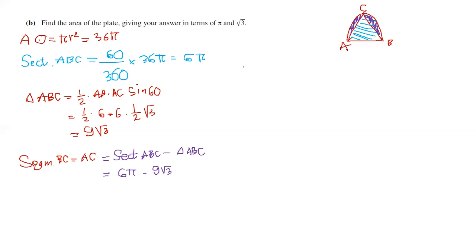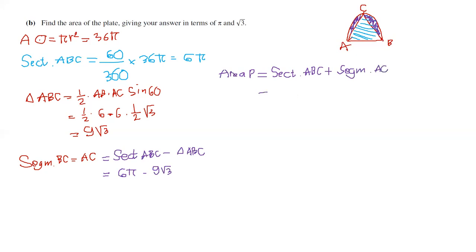Now, the area of the plate equals sector ABC plus segment AC.